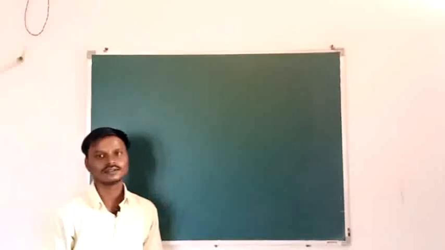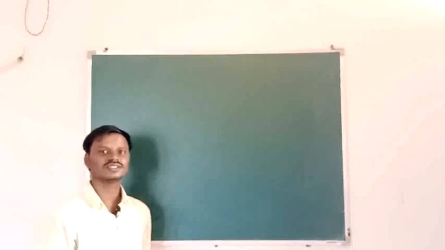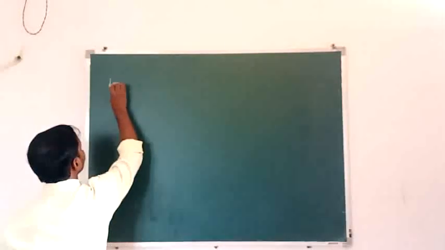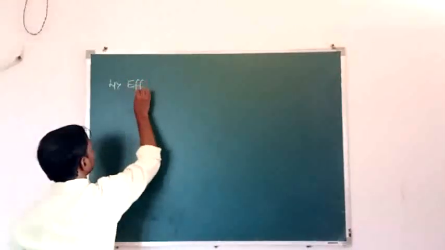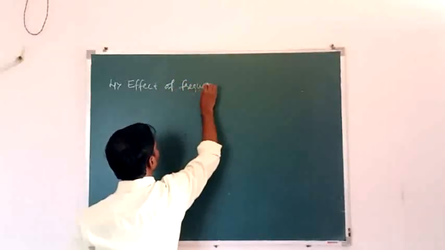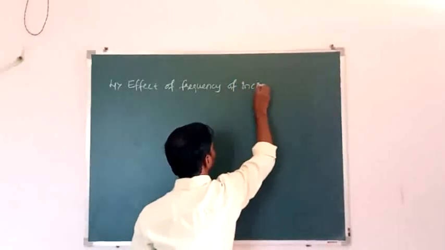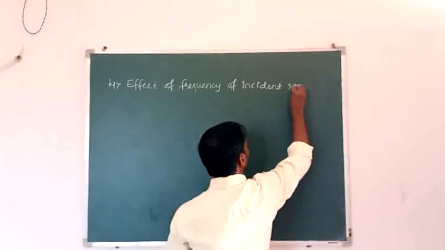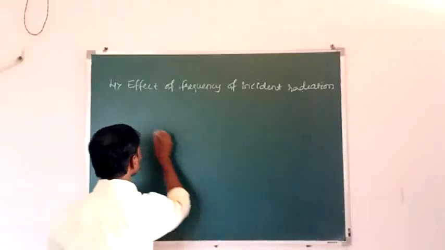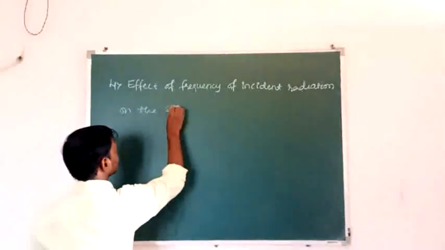Okay, now the fourth observation is the effect of frequency of incident radiation on the stopping potential of the anode.